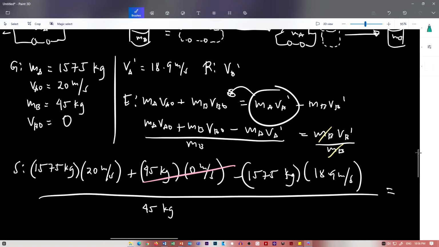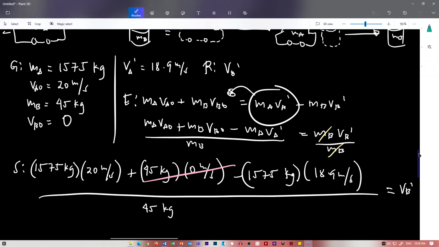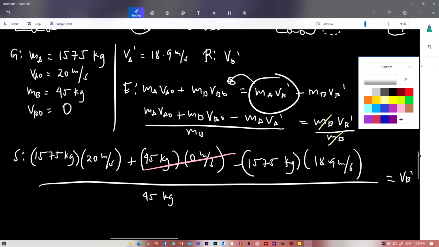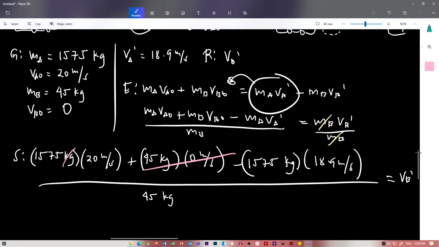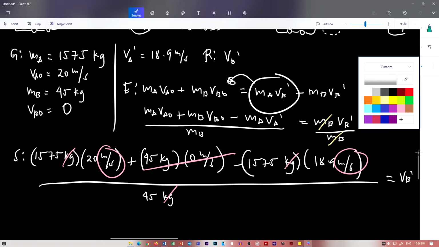So this is all equal to v sub b prime. There. So you can now cancel your units. So you have kilogram on your denominator. So that means all of kilogram units on your numerator will be cancelled, leaving you with meter per second as your sole unit, which is what we need because the required is velocity.